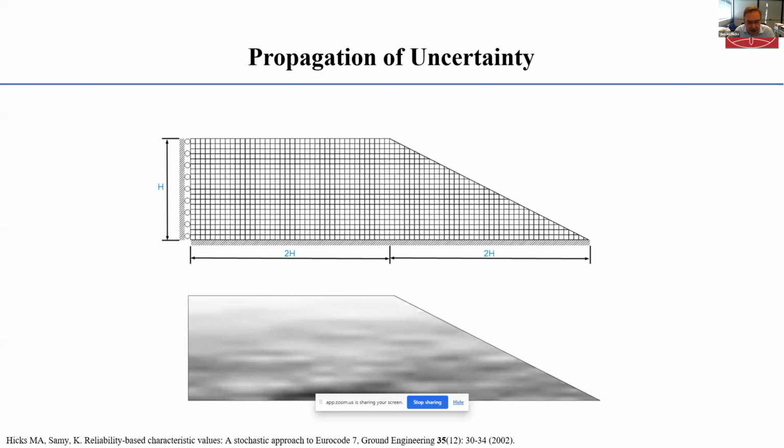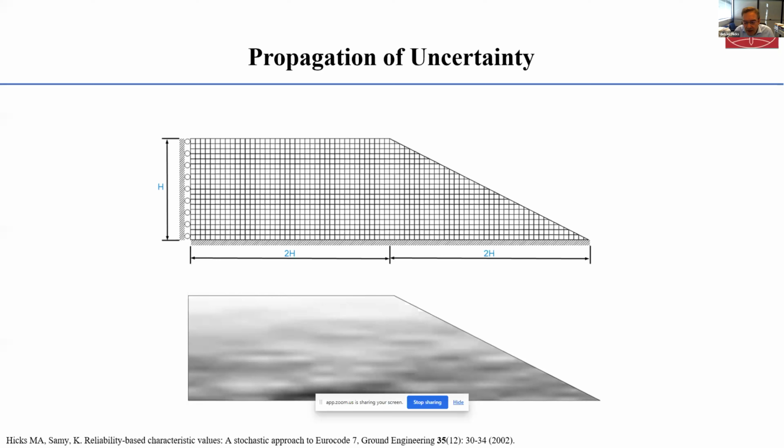And so what I'm going to do now is give you a very, very simple illustration of the propagation of uncertainty from the material level to the structure level by looking at an idealized slope. It's a 1 in 2 slope. We're analyzing it by finite elements, and this slope is characterized by a spatially varying undrained shear strength, as you can see shown by the example in the bottom of the picture.